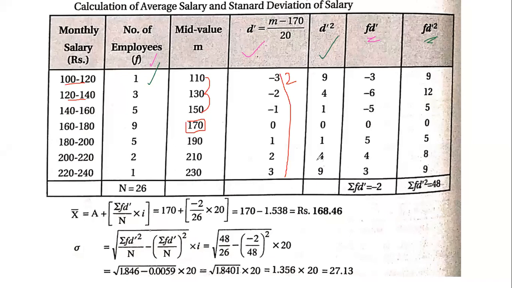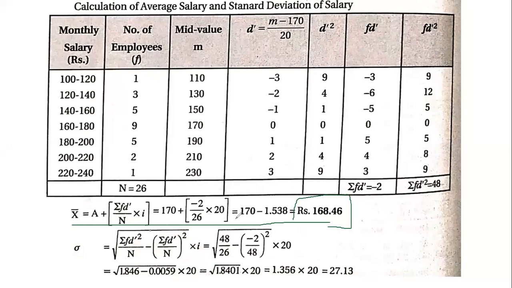We also have to find out the arithmetic mean, which is why we used this calculation here. Arithmetic mean using the step deviation method we have found out, so the arithmetic mean is 168.46.